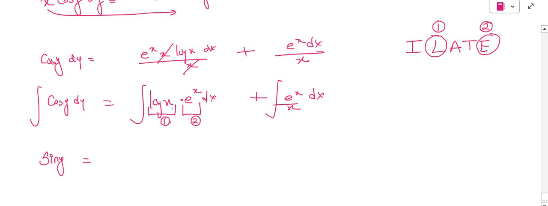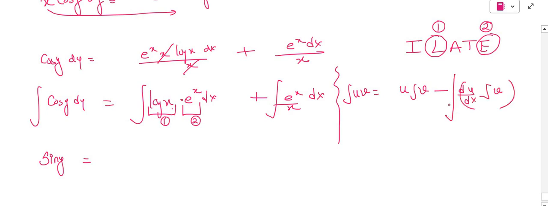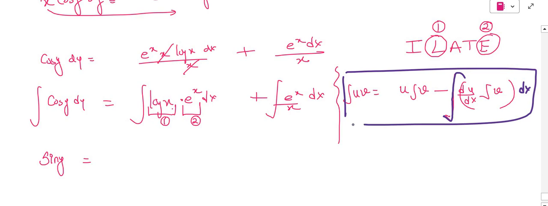So this is my first function and this is my second function. Okay. In the first question I explained the formula. क्या था? Integration of u into v क्या था? u integration of v minus du by dx, integration of v and integration of the whole. Remember? And integration of this. So this was the formula.